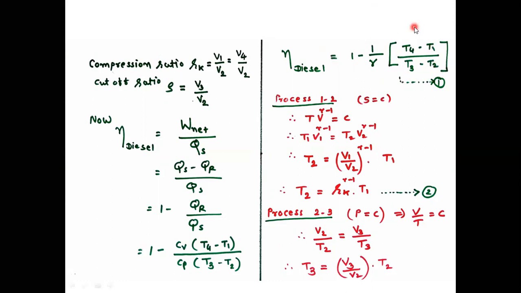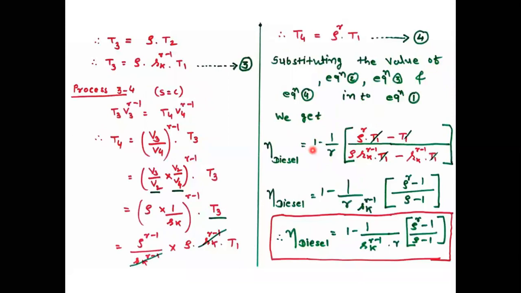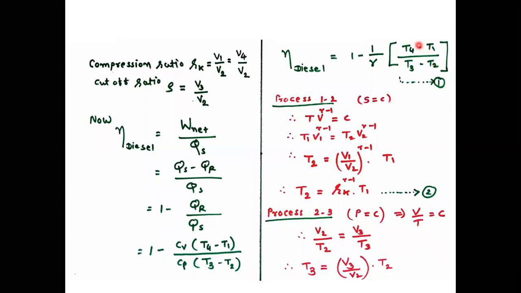So in this term, 1 minus gamma and T1 as it is, and we put the values of T4, T3 and T2 from equations 2, 3 and 4. So the equation becomes 1 minus 1 upon gamma in bracket, this T1 as it is. This is the value of what? T4.